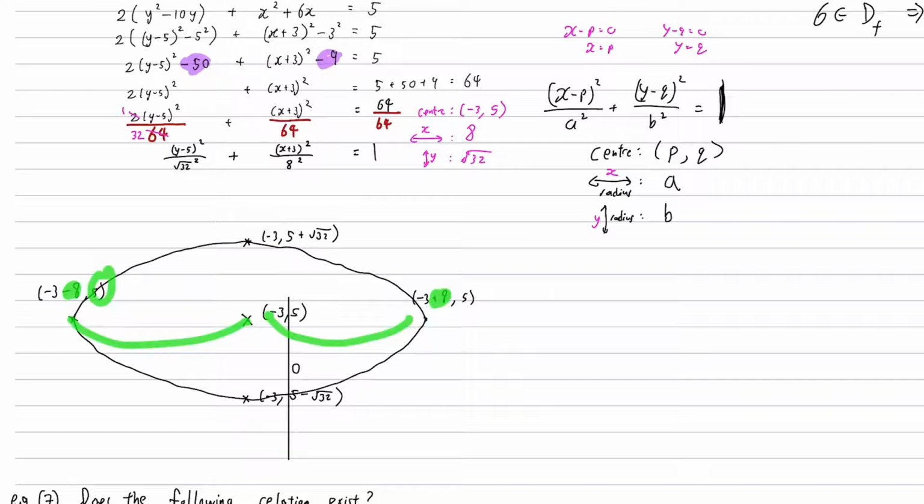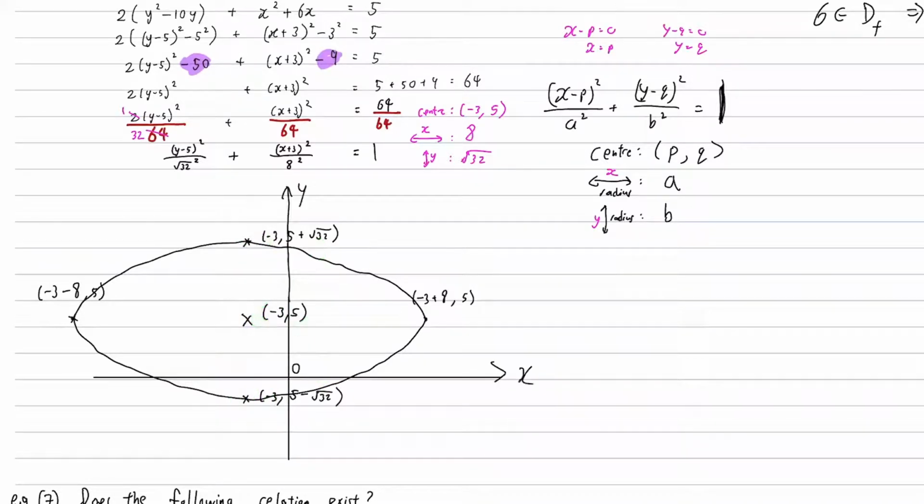But the y coordinate will be the same. But for the top 2 points, the x coordinate stays the same as -3, but you have to add on the y radius, plus and minus square root 32. Okay. Then after that, now that I know this is -3, 5, I bring back my x and y axis. Okay, -3, 5.